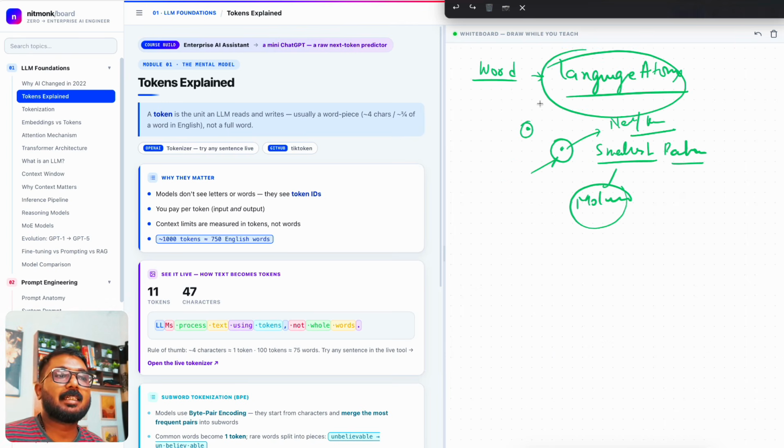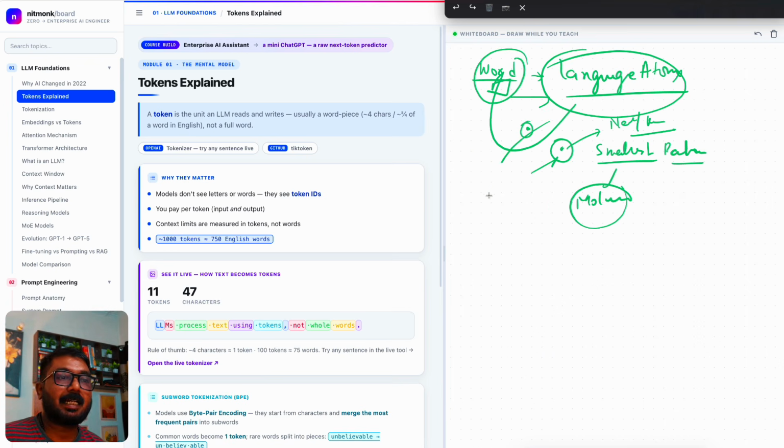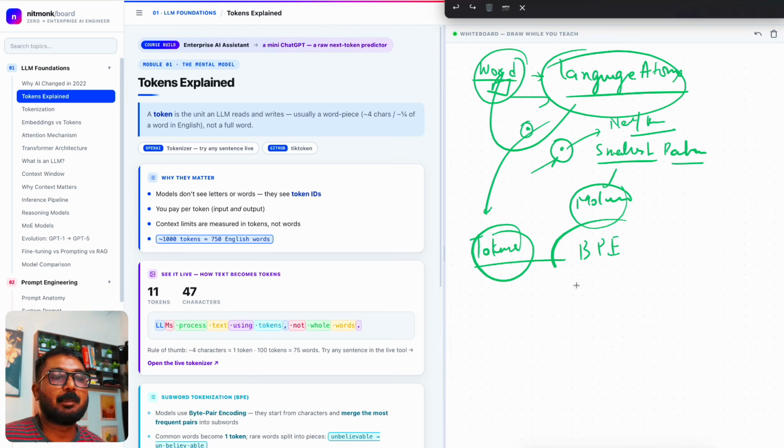But atom is what we call a word, that language atom. That language atom is kind of a token, and it is decided on the basis of an algorithm, BPE. BPE is basically byte pair encoding, that you need to understand.